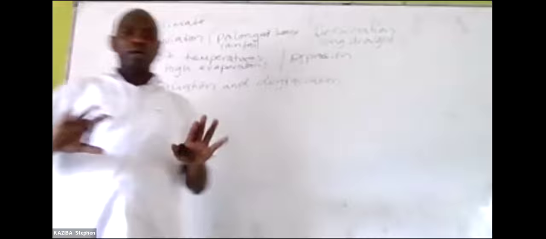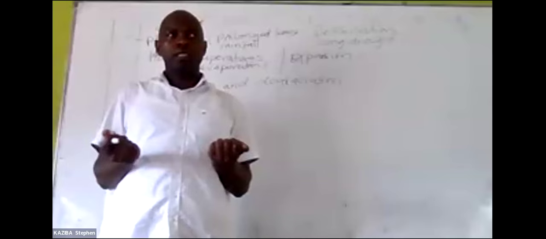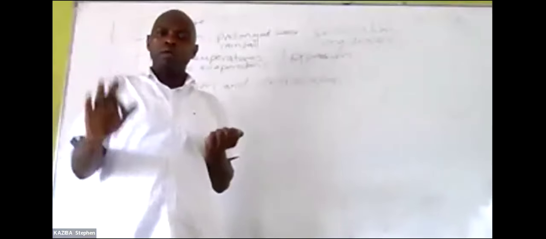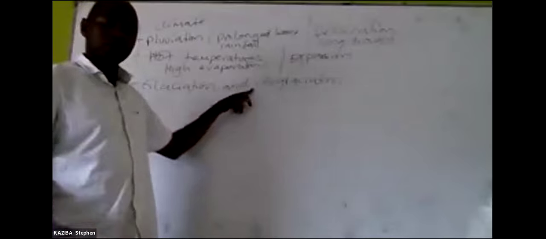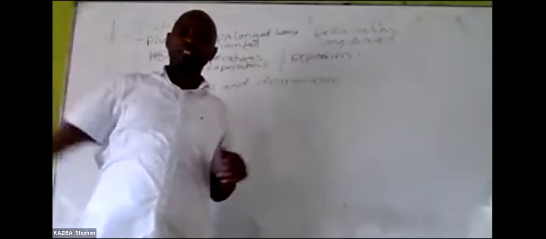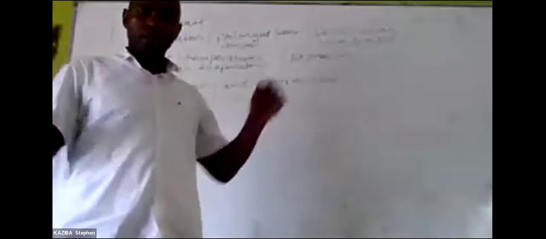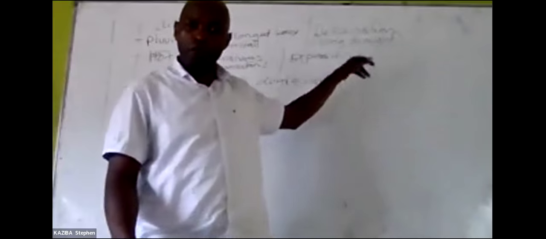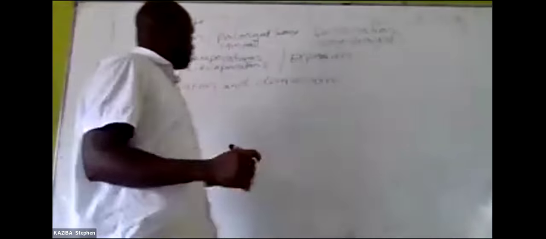So where you have glaciation, it means water is locked up in form of ice. So in such areas where I have a lot of glaciation, the water level goes down. Then where I have melting of snow, which is deglaciation, it means a lot of water. For example, if you look at River Nyamwamba, when water melts from the tops of Mount Rwenzori, that water flows, and this will raise the level of the sea.